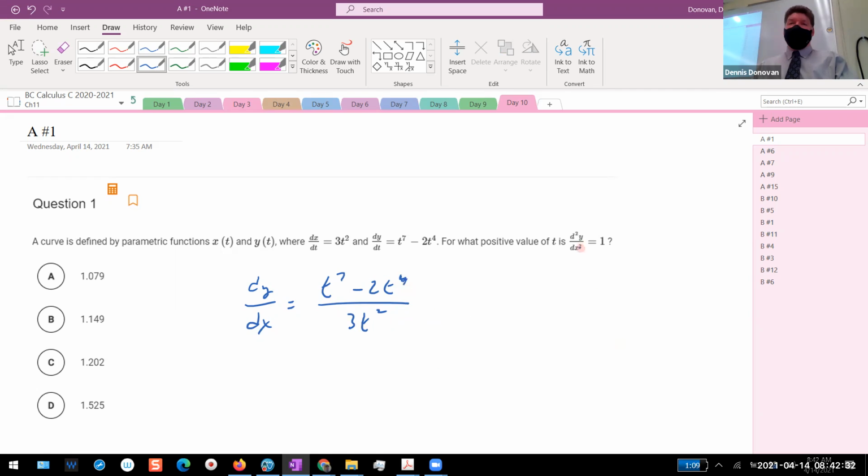Now the second derivative of y with respect to x is the derivative of this divided by dx/dt again. So the second derivative is the derivative of y prime with respect to t over dx/dt.